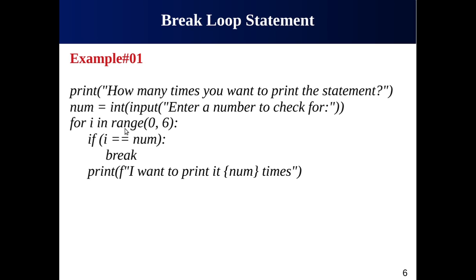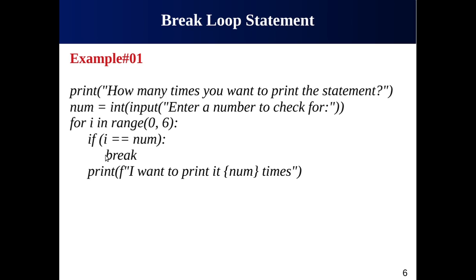So here you can see, if we do not apply this break condition and this if condition, the loop will execute this statement how many times? 6 times, starting from 0, then 1, then 2, then 3, then 4, and then 5. But here we want to stop the execution once num becomes 3, or once the i variable becomes 3.